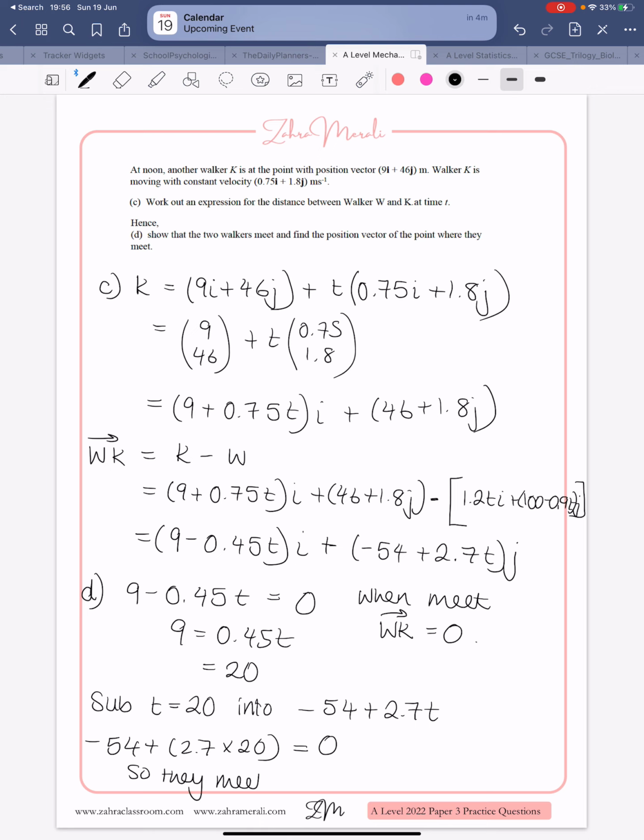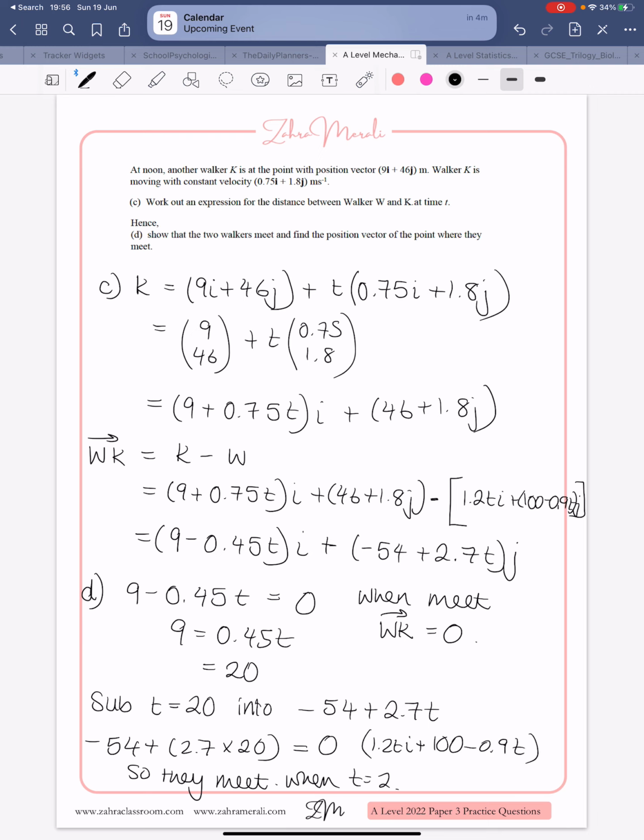Now where do they meet? They meet when t equals 20. So we're going to sub that back into either one of these original ones. So when t equals 20, if I had 100, I had 1.2t i plus 100 minus 0.9t j.